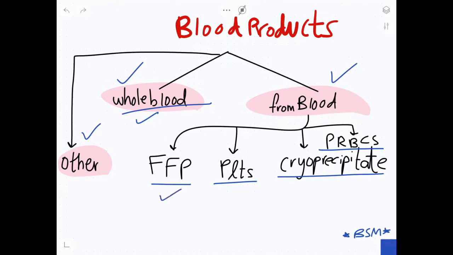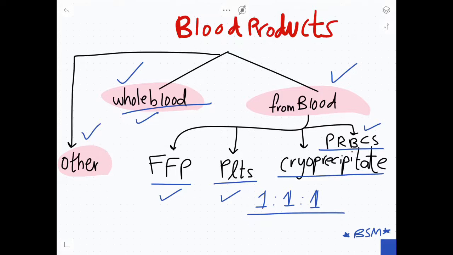You give them fresh frozen plasma, platelets, and packed red blood cells in this ratio, 1:1:1. So you give everything in equal amounts, until you can get your hands on some whole blood, and then you give them whole blood.